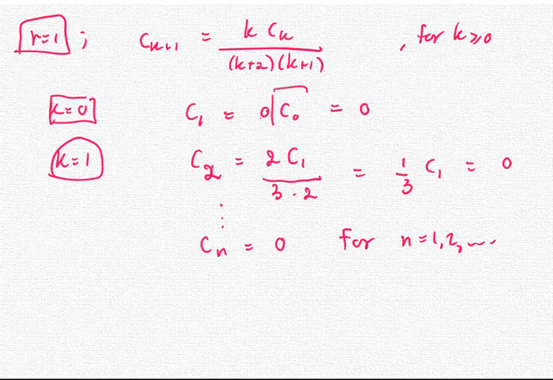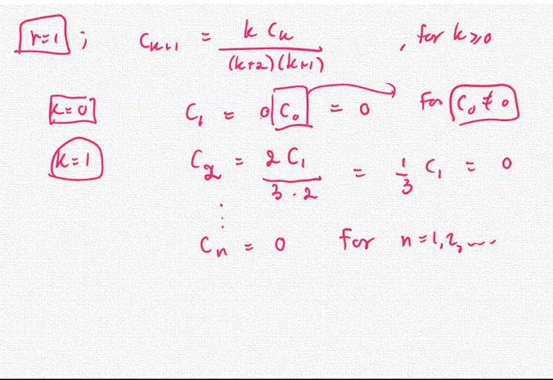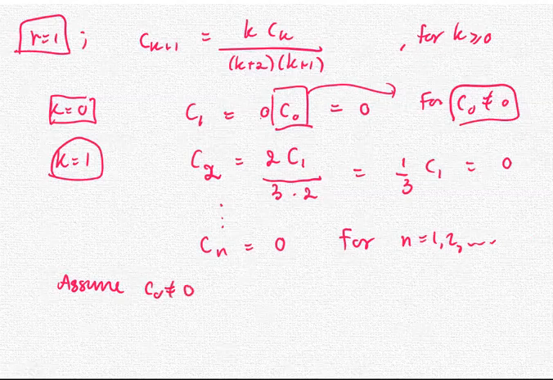But our hope to get a non-trivial solution is for c_0 not equal to 0. Otherwise, we have no solution. Okay. So we're going to put the notes here. So assume c_0 is not 0.